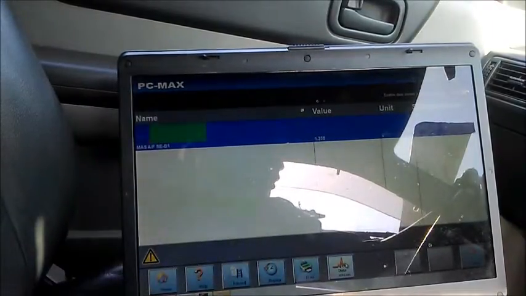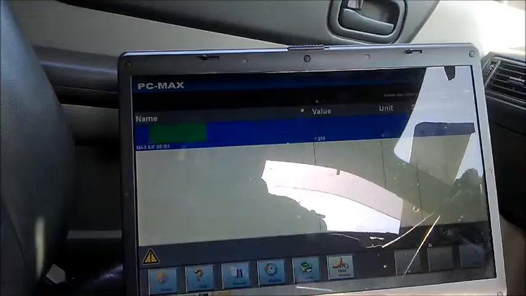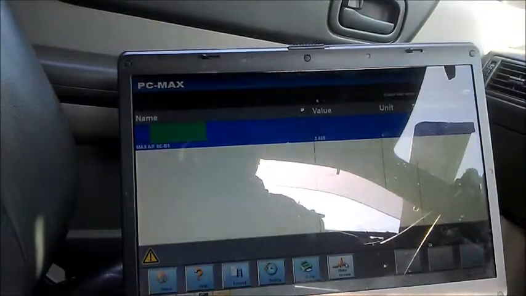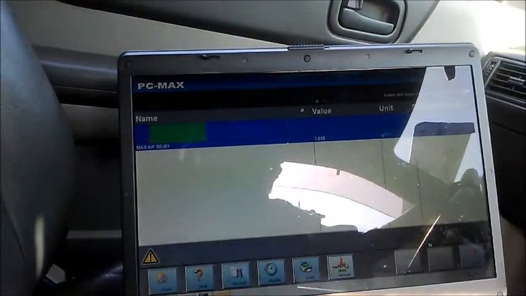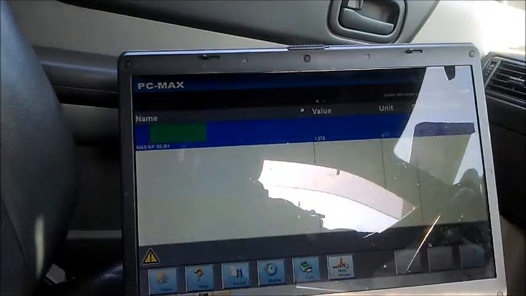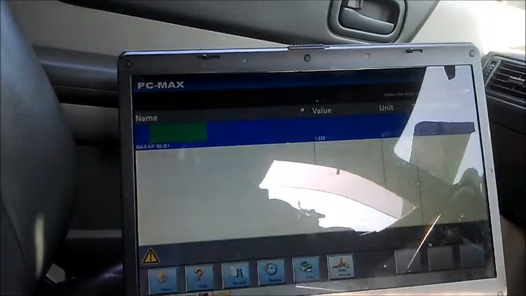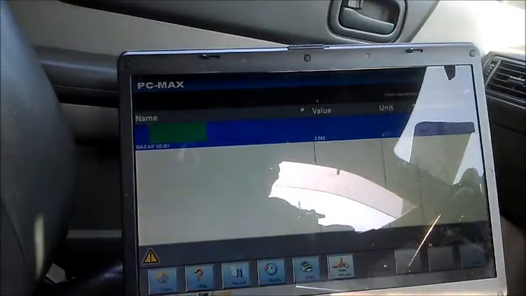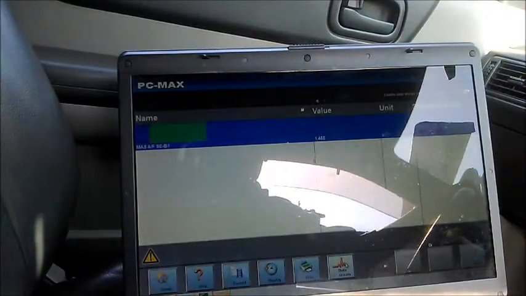I'm not really seeing that. I'm seeing a maximum of 3.5. I've just seen 3.7. 3.7 is as high as it can go.